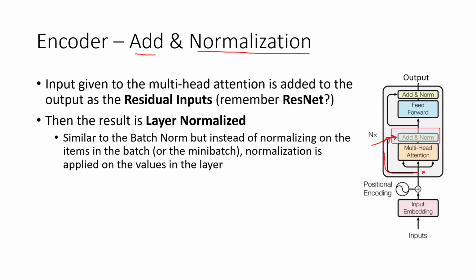The idea of this step is to add some identity value into the output so that when something goes wrong, for example if this multi-head attention has a very small output, the information will not get lost. By adding this value to the output, at least the identity value of X would be added so that information is not lost if something happens inside this multi-head attention layer.